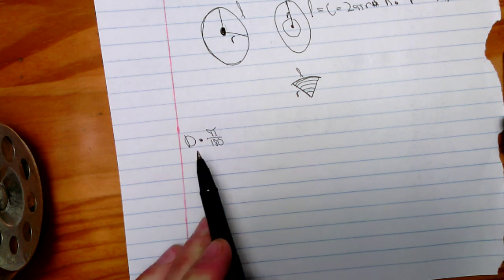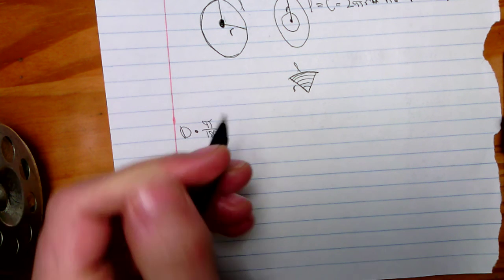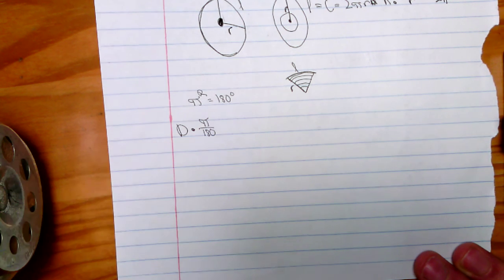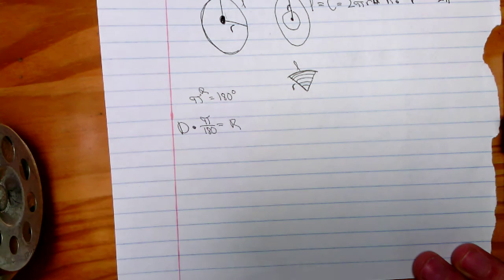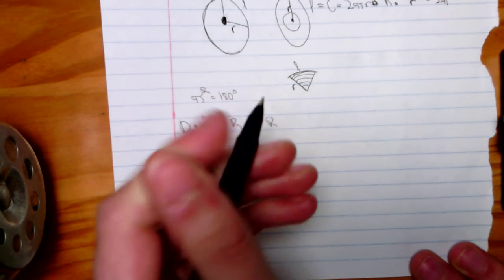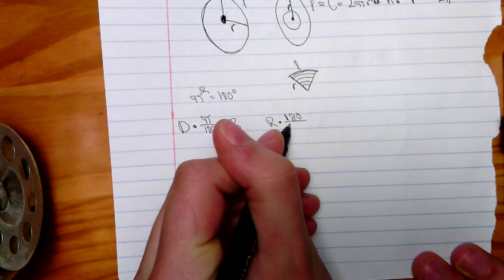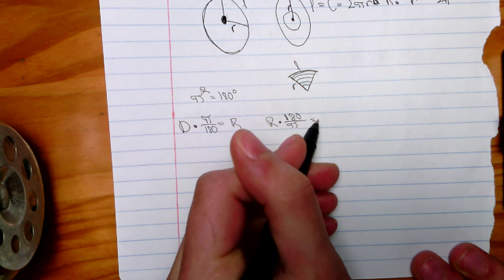Because you're dividing it by 180 and subbing it out by multiplying it by pi. And that's because pi radians is equal to 180 degrees. And inversely, if you wanted to convert radians into degrees, you'd do radians times 180 over pi, because you're subbing out that pi for the 180 degrees.